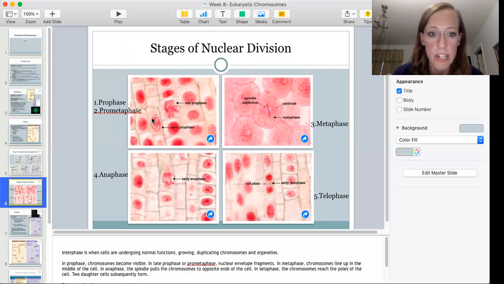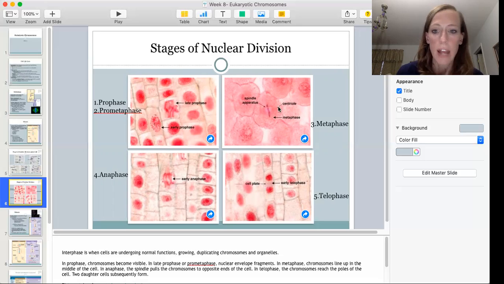And again, the distinction is you can still see that there's a fragmentation, but there's still a nuclear membrane that all of this genetic material is bound by. Whereas in late prophase, you can see that that has been broken down enough such that the chromosomes have started to move and are no longer contained by that nuclear membrane.